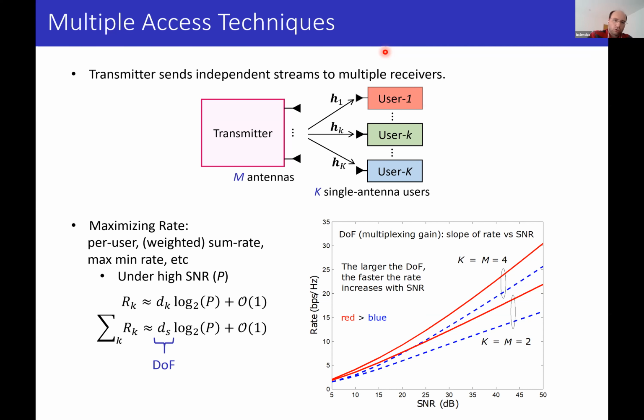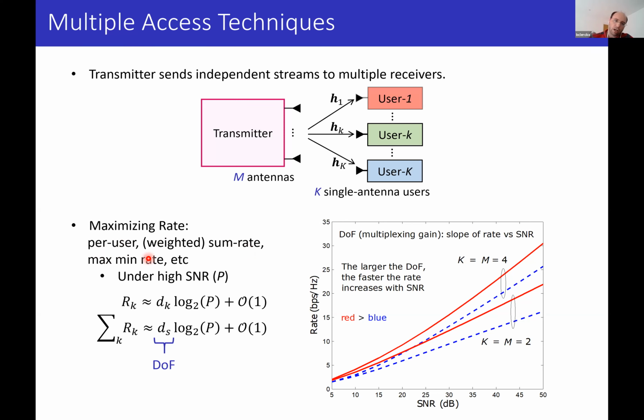Now, to compare those different techniques, we have to come up with a metric. And so the typical metric in communication is to look at rate. You can define it as a per user rate, or a weighted sum rate, or just a sum rate, so the sum of the rates, or maximum rate, so you maximize the minimum rate among all those users, and so on.